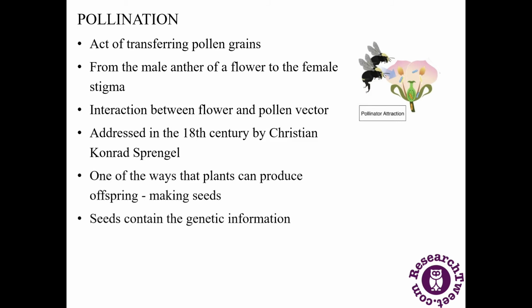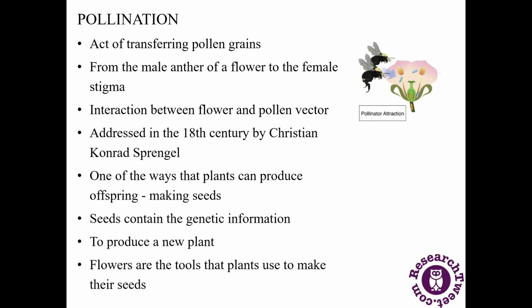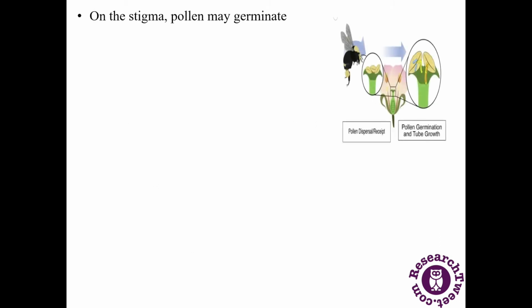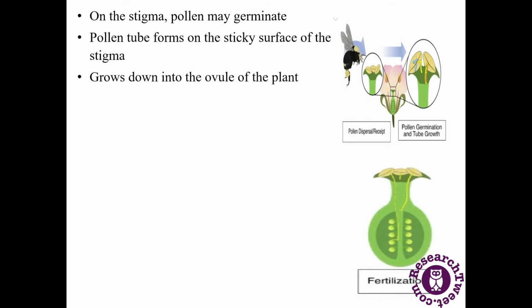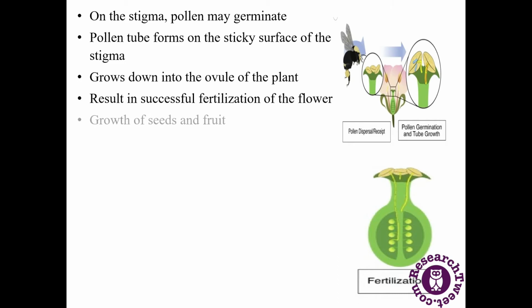Seeds contain the genetic information to produce a new plant. Flowers are the tool that plants use to make the seeds. Once on the stigma, pollen may germinate, which means that a pollen tube forms on the sticky surface of the stigma and grows down into the ovule of the plant. This growth can result in successful fertilization of the flower and the growth of seeds and fruit.